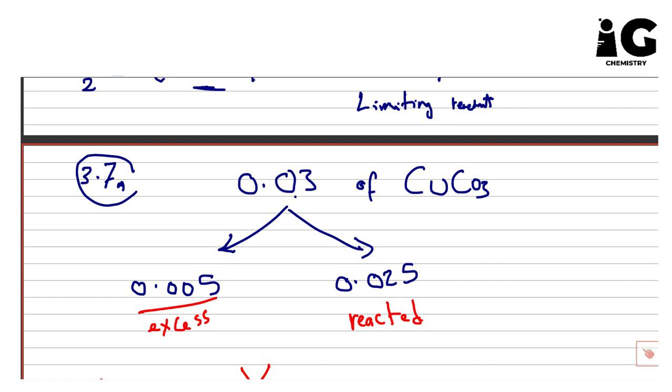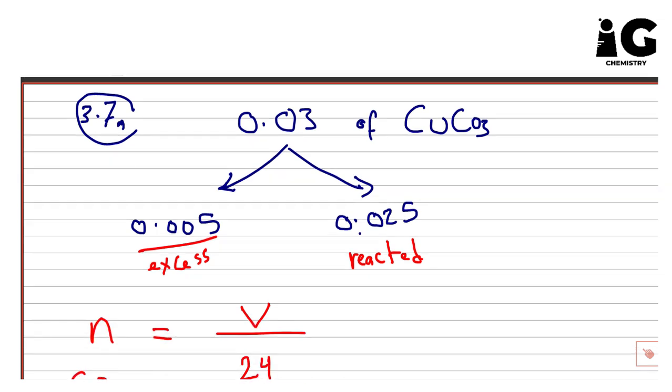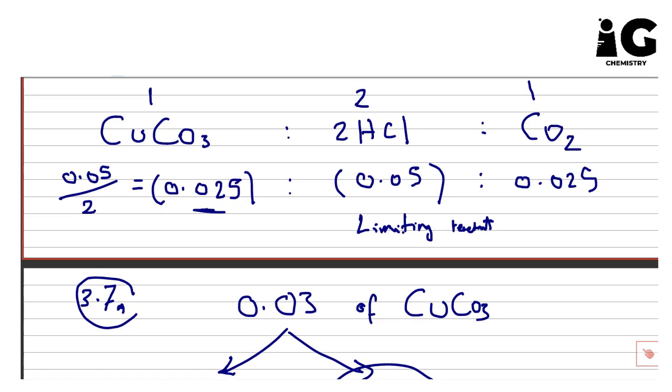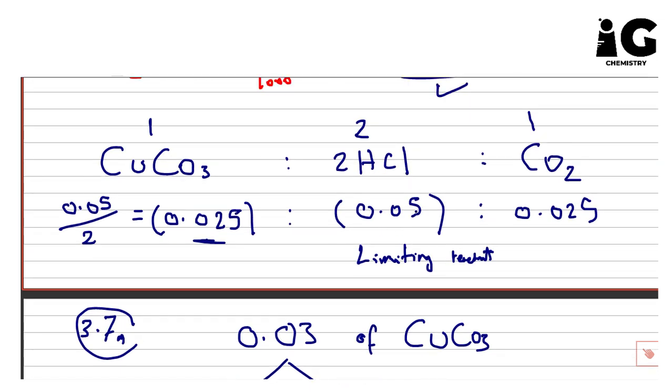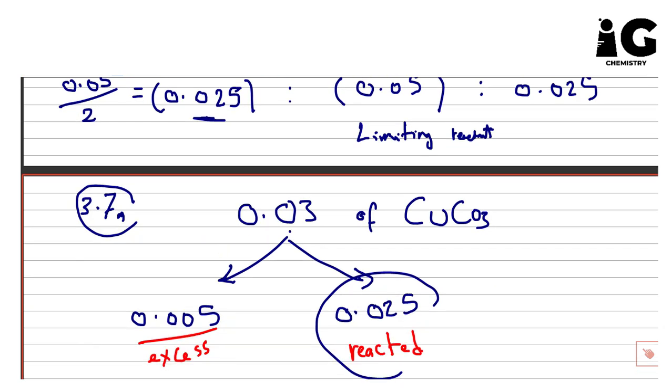Remember, guys, of this number of moles, only 0.025 will react and 0.005 will be in excess. The excess will not react. Only 0.025 will react because HCl is the limiting reactant. It controls the amounts of the reactants. So only 0.025 will be taken from 0.03.